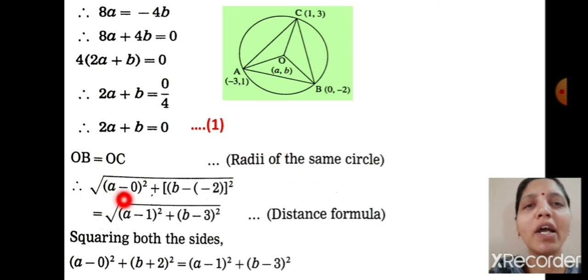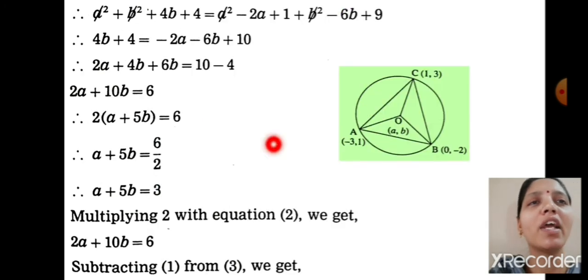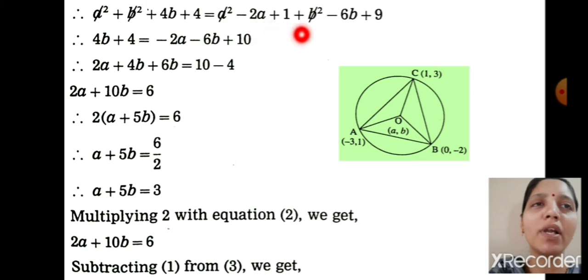You will get (A − 0) bracket square plus (B − (−2)), minus minus becomes plus, so (B + 2) bracket square is equal to (A − 1) whole square plus (B − 3) whole square. Okay, now let's open up the brackets. You will get here A square plus B square plus 4B plus 4 is equal to A square minus 2A plus 1 plus B square minus 6B plus 9.